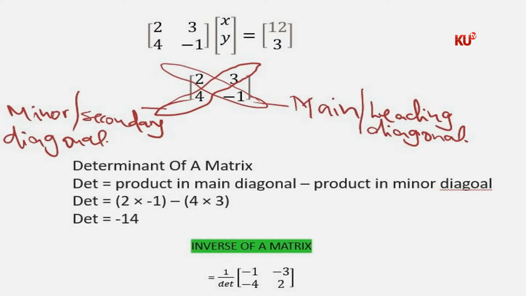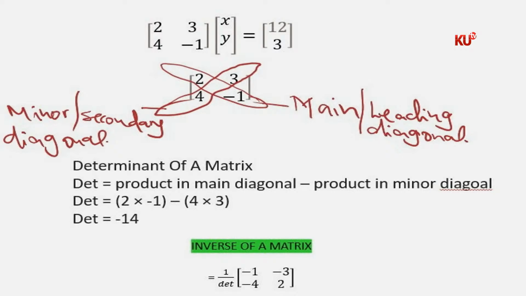We negate the elements. So this can be written as the inverse is -1 over 14 into -1, -4, -3, 2. Wonderful. And by doing it like that, learners, you would have gotten the inverse.